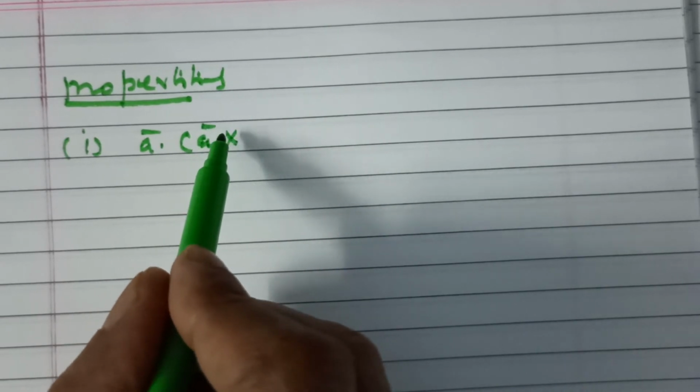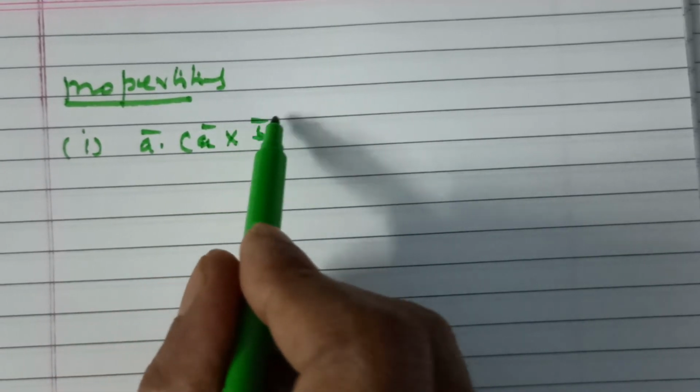Right. Properties of scalar triple product. First one, A bar dot of A bar cross B bar is equal to 0.